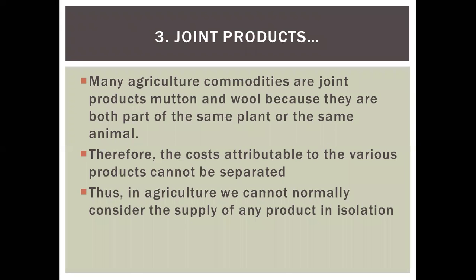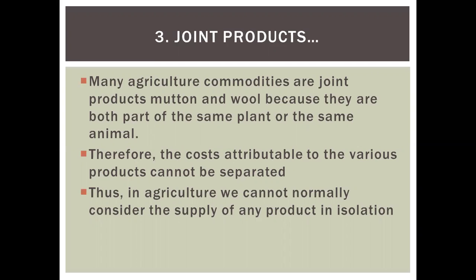The third important reason is that in agriculture sector, products are joint products. Joint products means, for example, take the case of a goat. From the goat we get the meat, mutton, and at the same time the wool of the goat can be used for making clothes, or milk you can take for drinking. So that means different products you are getting from one animal.